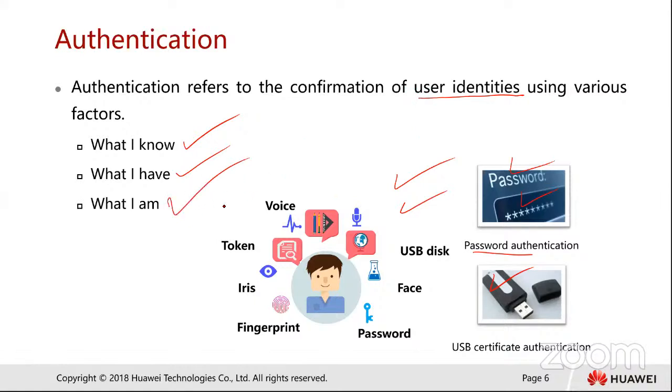And also who you are, or what I am: your voice can be used to authenticate you, your iris scan, your fingerprint biometrics data, your face itself can be used to authenticate you. So you can use some of those things to determine the identity of various users.